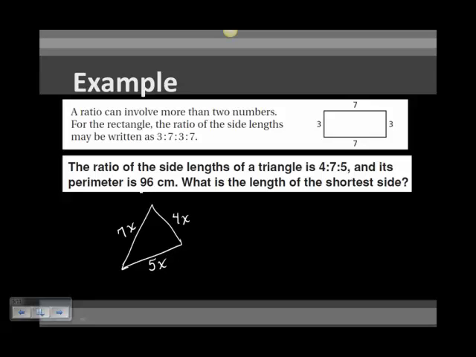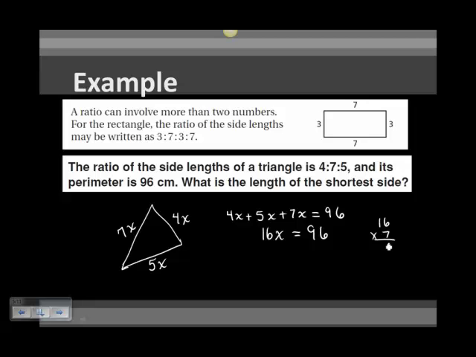So if they tell us that the perimeter is 96, then that means that 4x plus 5x plus 7x is equal to 96. If we add these together, we get 16x is equal to 96. And then how many times does 16 go into 96? I'm thinking it's 7 times. I'm going to check it over here on the side.